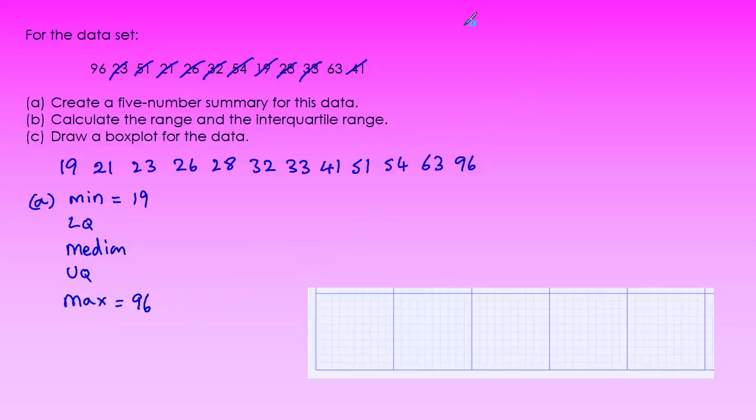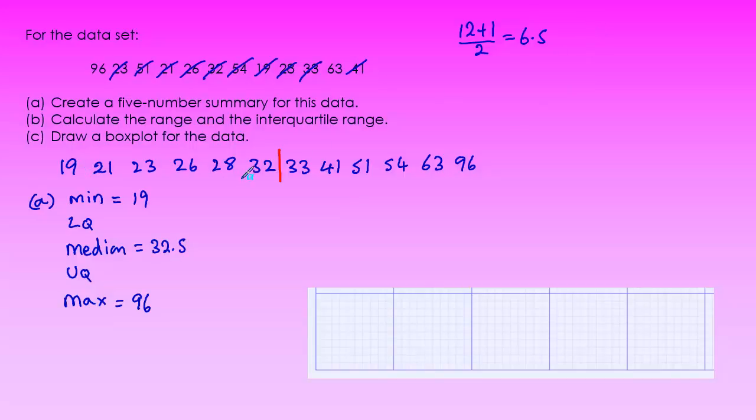There's 12 pieces of data. 12 add 1 divided by 2 is 6.5. So we need to be halfway between the 6th and 7th. 1, 2, 3, 4, 5, 6. So halfway between 32 and 33 is 32.5.